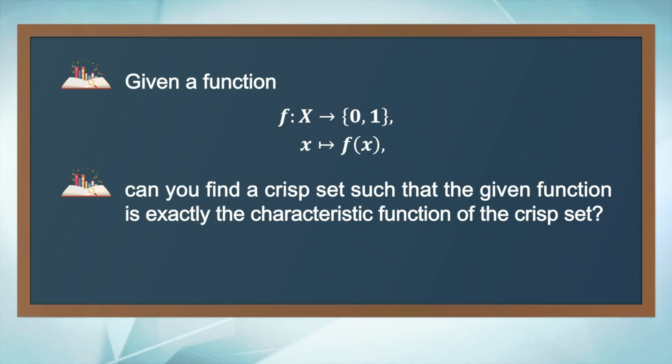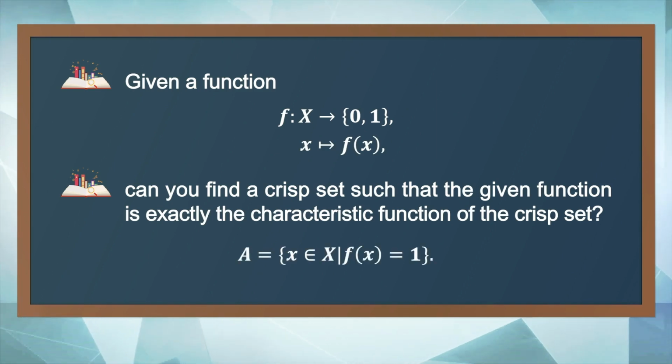The answer is yes. In fact, let A be the set of the elements such that f of x equals 1. Then the characteristic function of the crisp set A is the given function f.